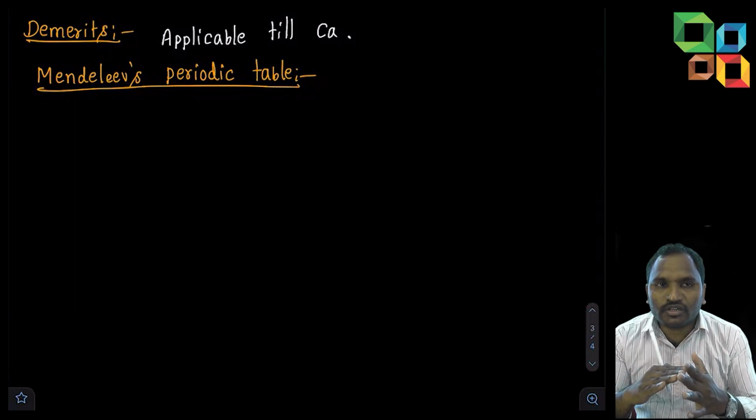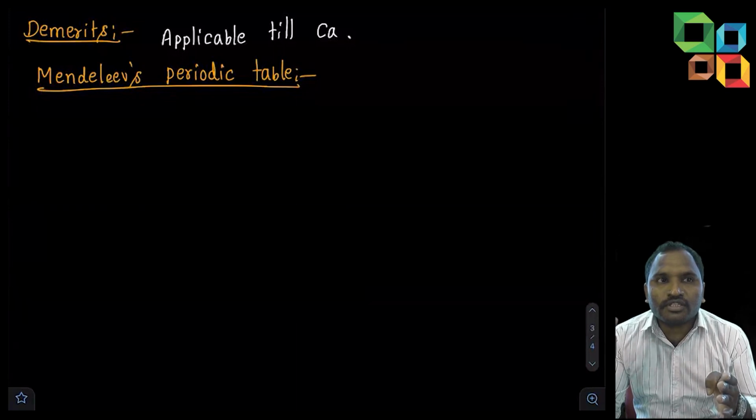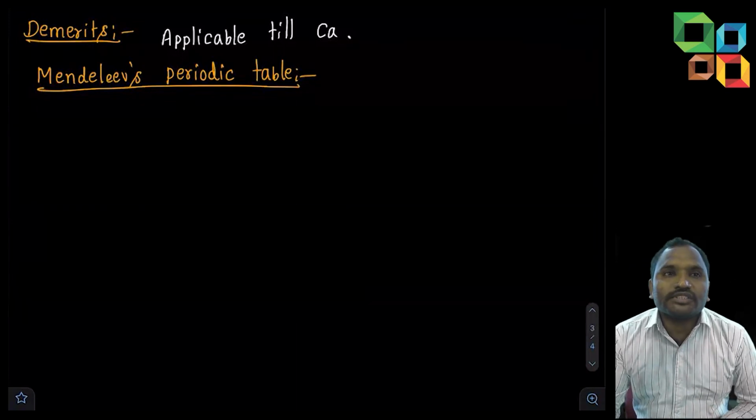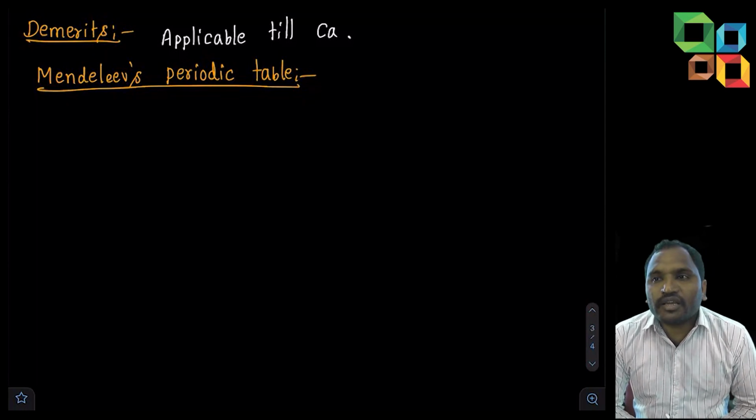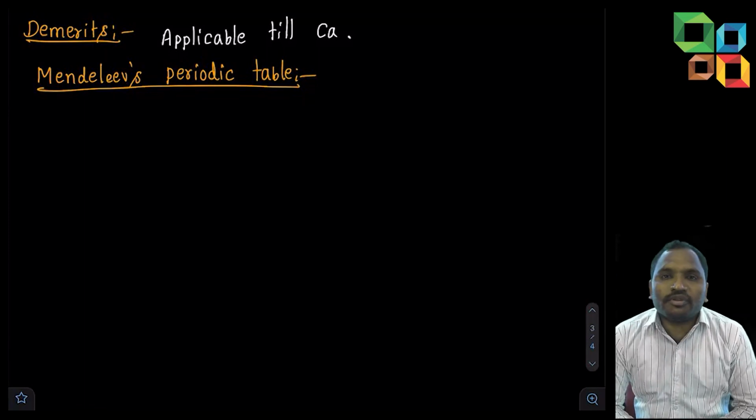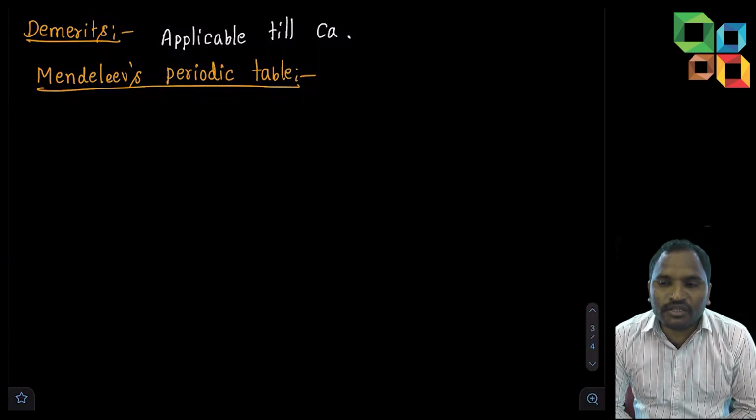When the elements are arranged with increasing order of atomic weights, the average of the atomic masses of the first and third element is equal to the atomic mass of the middle element, or second element. Next, there are some drawbacks.